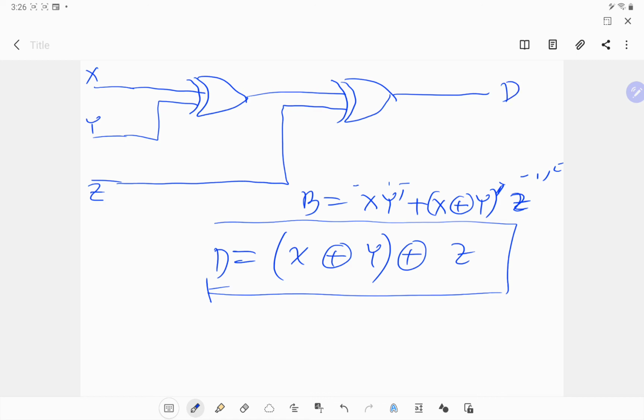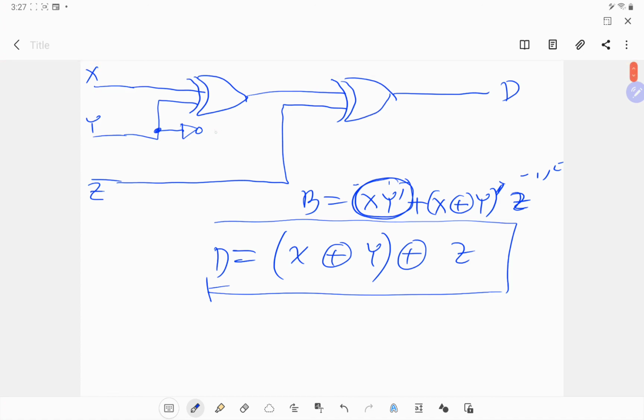Now, what can we do for borrow? So let's implement the AND gate, the first term first, X Y prime. So we need an inverter for Y prime, then an AND gate. It's X Y prime, so we got Y prime and then X. We got X Y prime.